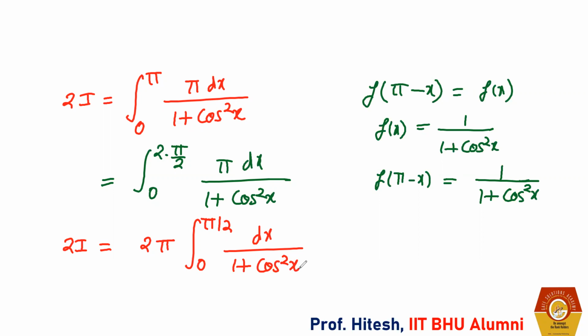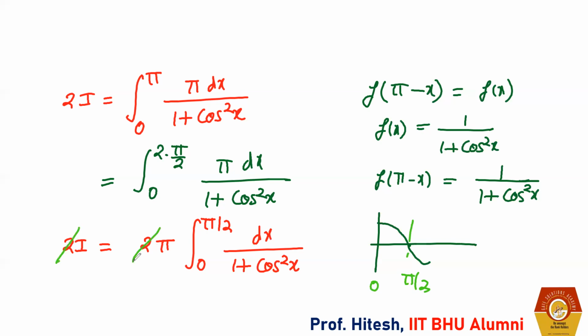Why did we convert into 0 to pi by 2? Because you must know the cos function is like this. So it is better कि हमने उसको केवल 0 से pi by 2 में ही ब्रेक कर दिया. ठीक है, write it down. अब dx upon 1 plus cos square x, this is also... yes, चलिए write it down. तो 2 से 2 cancel, 2 and 2 will be cancelled.